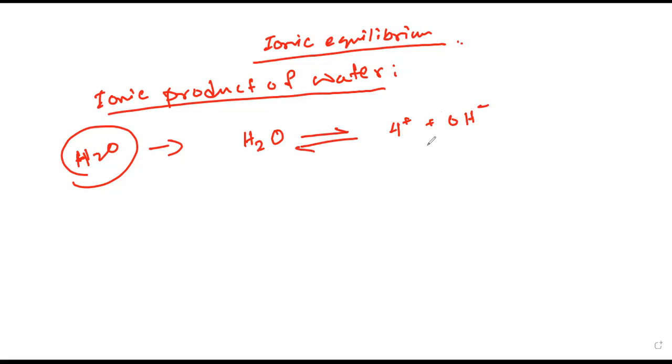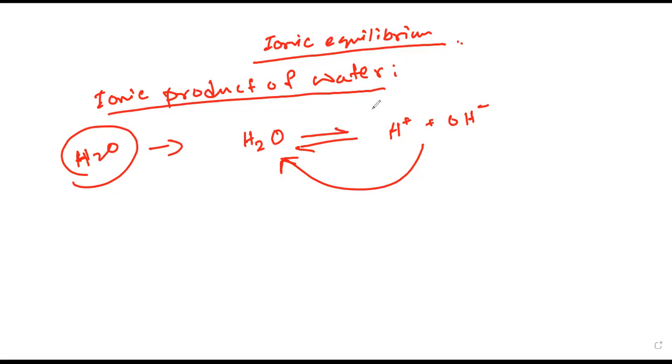If at a certain level the concentration of hydroxide and hydrogen ions increases, the equilibrium will shift leftward, producing less H plus and OH minus in order to balance the equation. That is the crucial part which makes water a weak electrolyte.